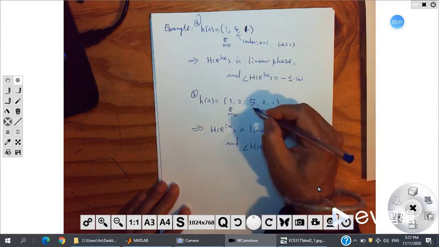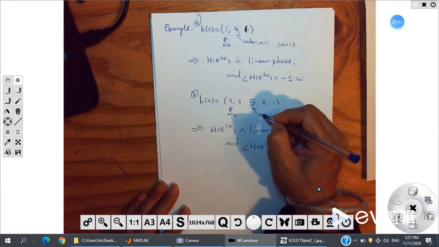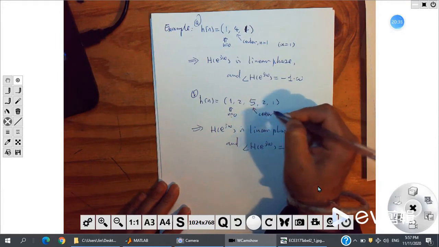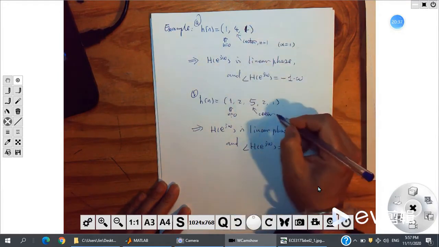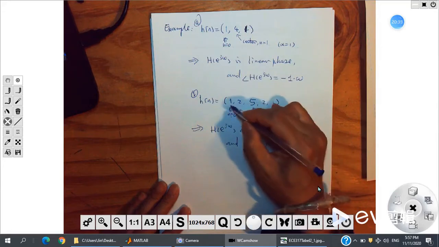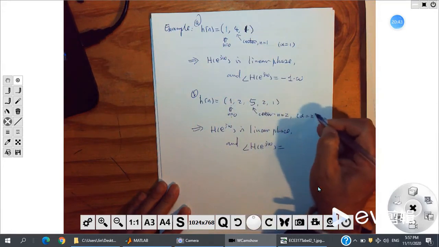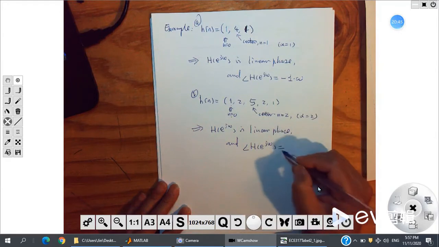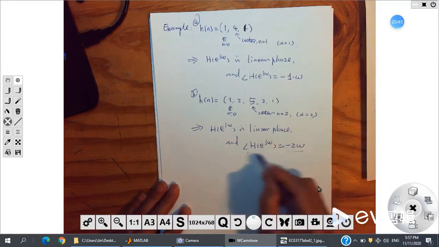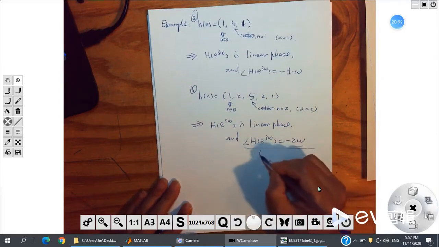You know, this is the center, right? Center here, the bar. Center n equal to, now n equals 0, 1, 2, n equal to 2. That means alpha equal to 2. So this one will be negative 2 omega. Now we know the angle. In other words, 2 is the delay.